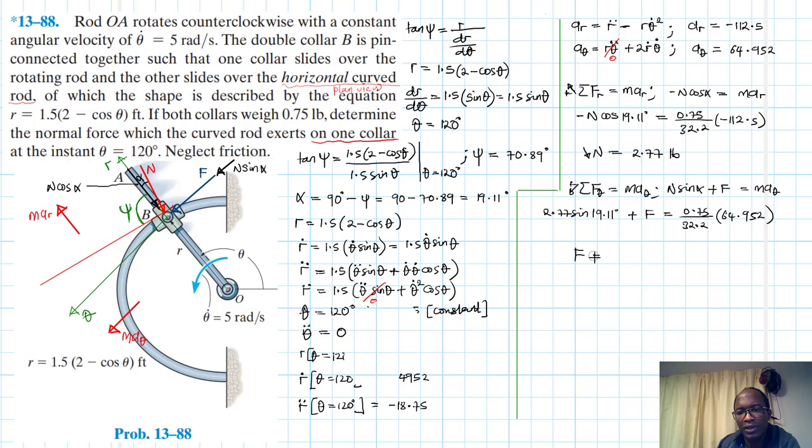Therefore our F is just going to be equal to, so we have 0.75. You can calculate that also. Grab your calculator so that we can compare the answers. Okay, right, so my force is just 0.6060 pounds, and it is in the same direction.